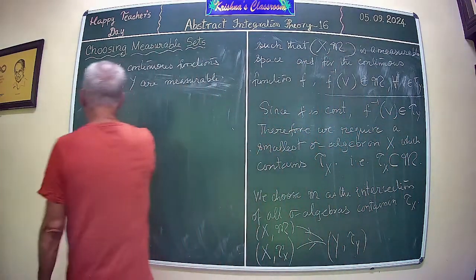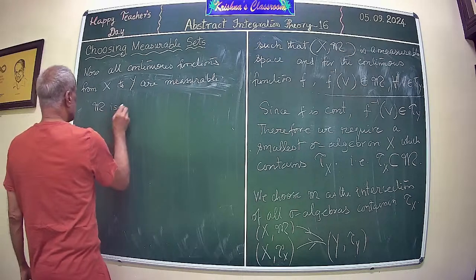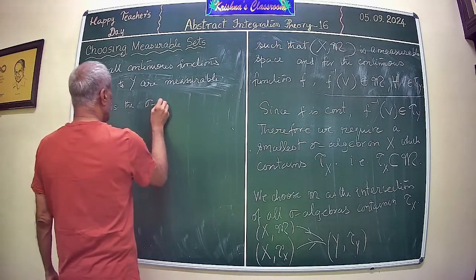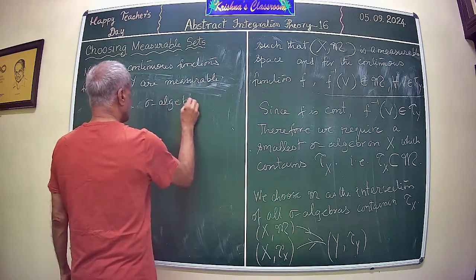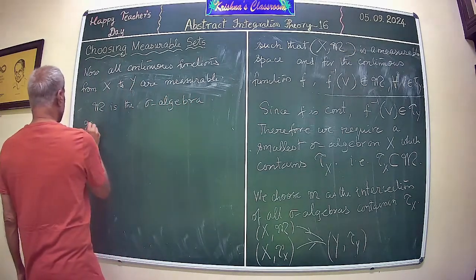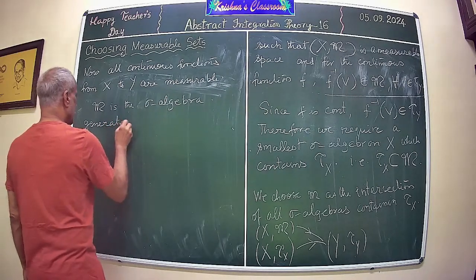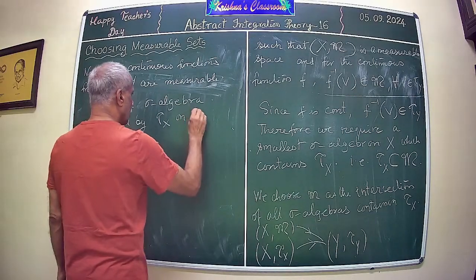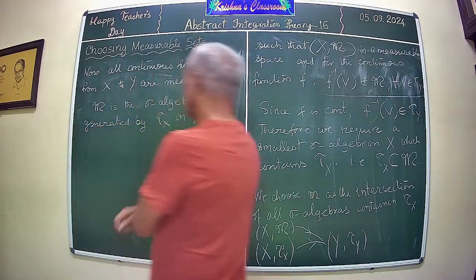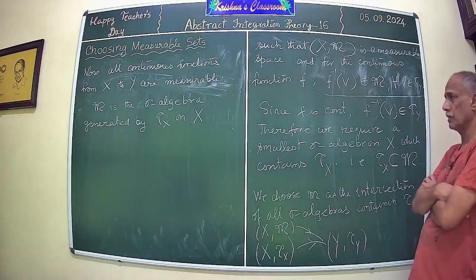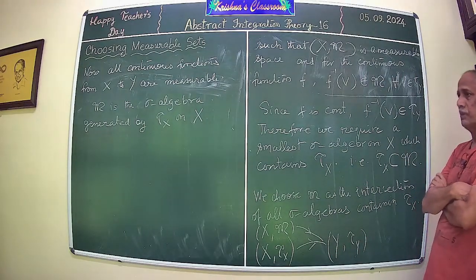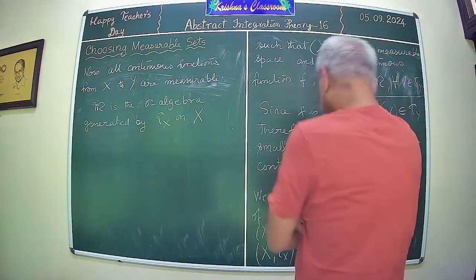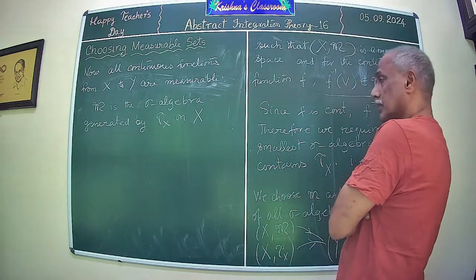So M is the sigma algebra generated by the topology on X. Which assures you that all continuous functions from X to Y are now also measurable.